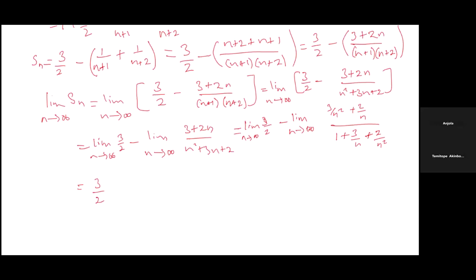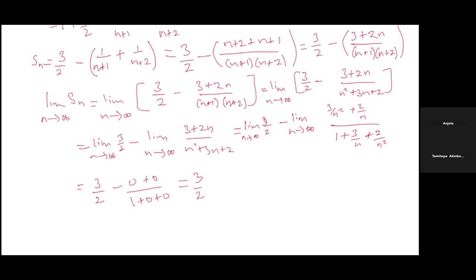So minus 0 plus 2 over infinity, 0, over 1 plus 3 over infinity, 0, plus 2 over infinity squared, 0. So everything here becomes 0, and you now have 3 over 2. So the limit is finite. Am I communicating?